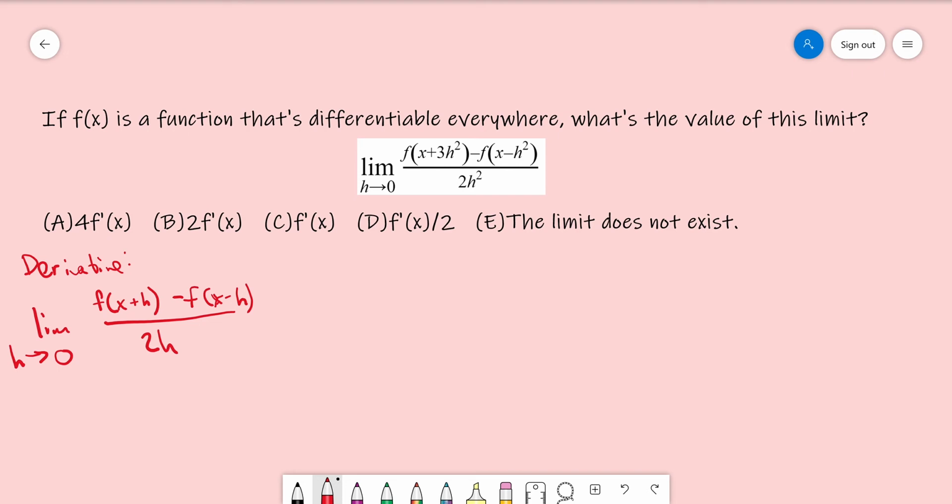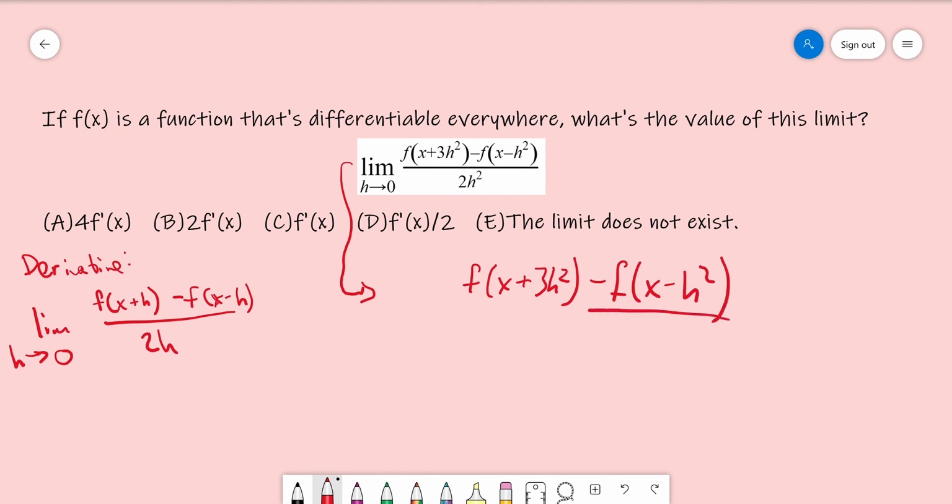So let's see if we can write this expression so it turns into f prime of x. We have f of x plus 3h squared minus f of x minus h squared.